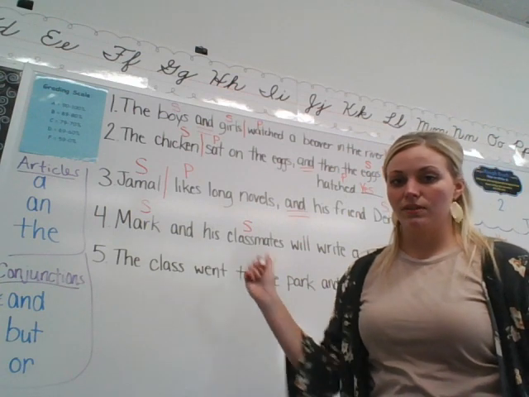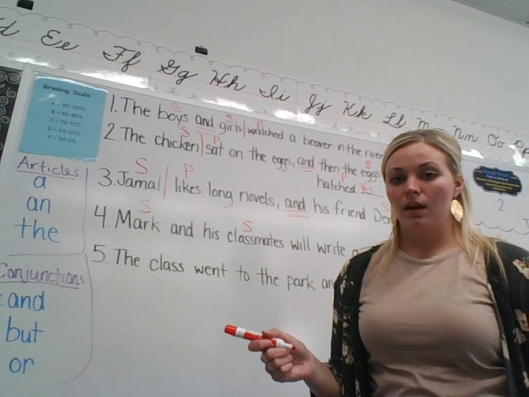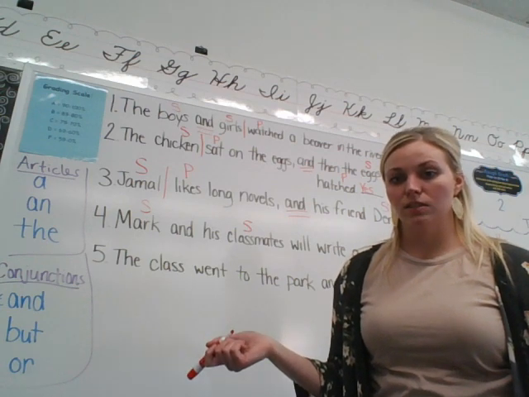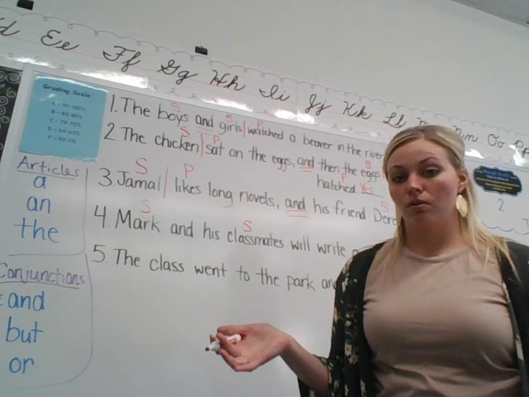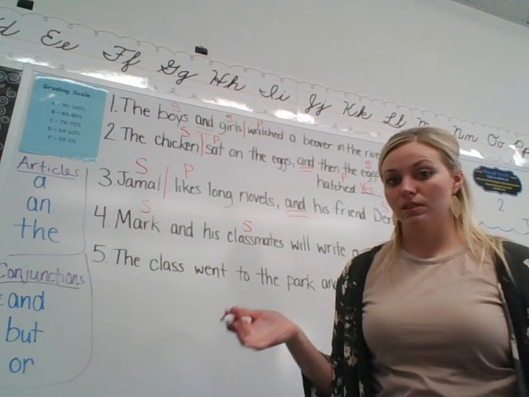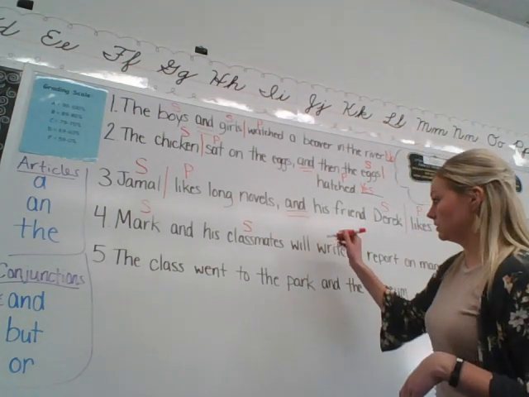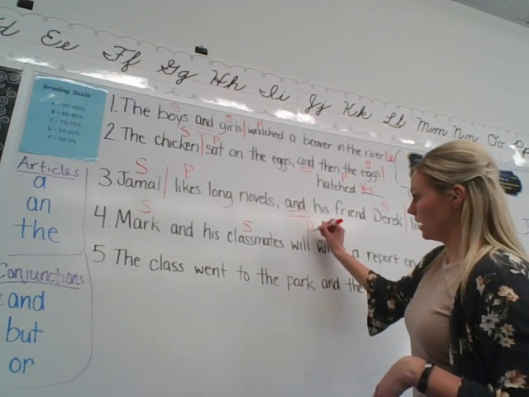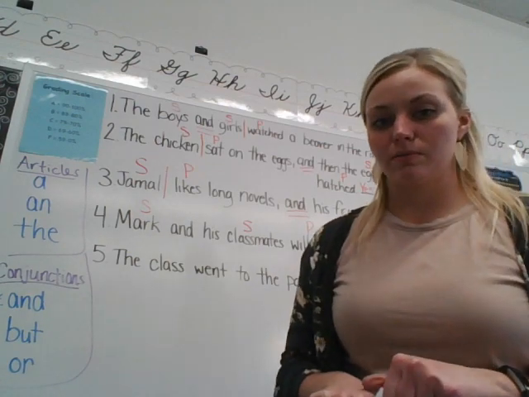That is what the sentence is about. Remember, our subject is who or what the sentence is about, and the predicate tells us what the subject's doing. They will write. So will write, that's what they're going to do, a report on mammals.